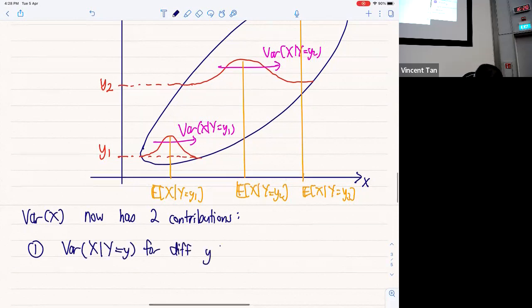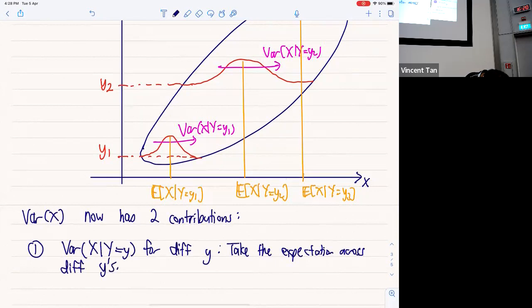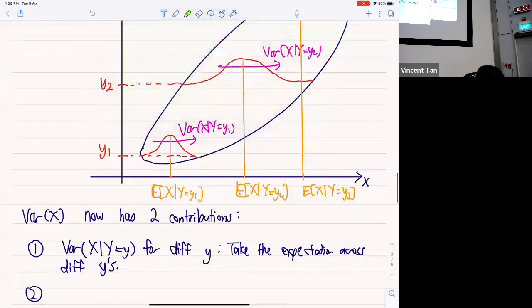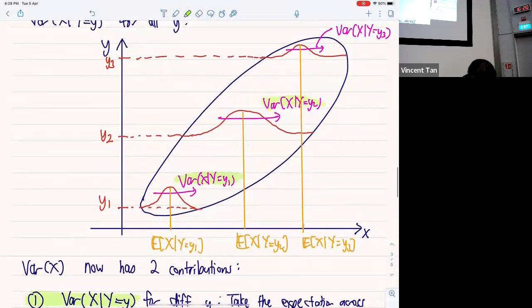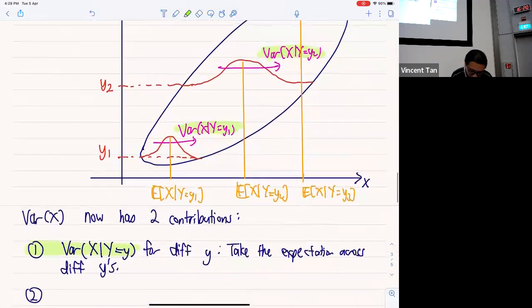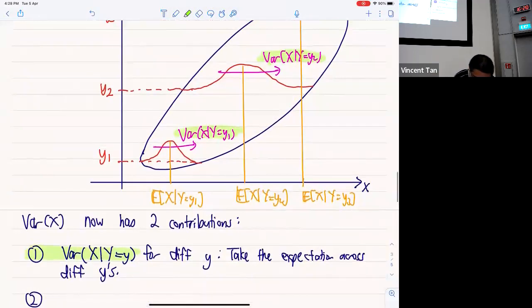We need to take the expectation across different Ys. This first term comes about because we have different variances for different Y. Here the spread, what I'm coloring now, is bigger. Here the spread is smaller. So we need to average out. This comes from the green part.